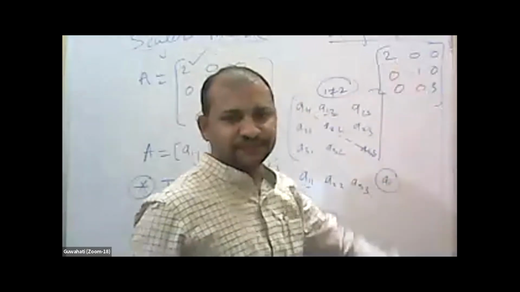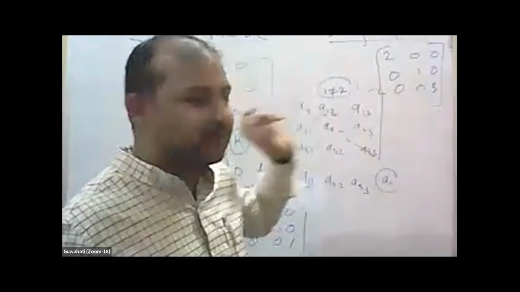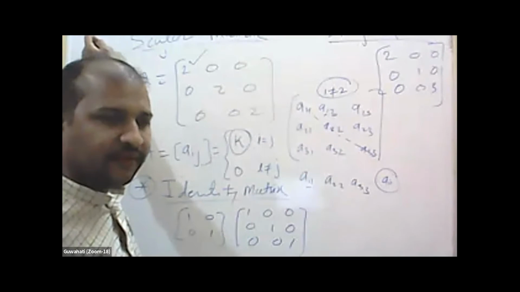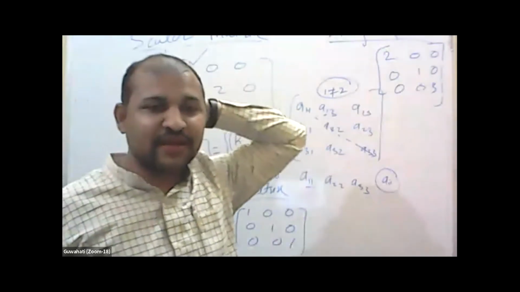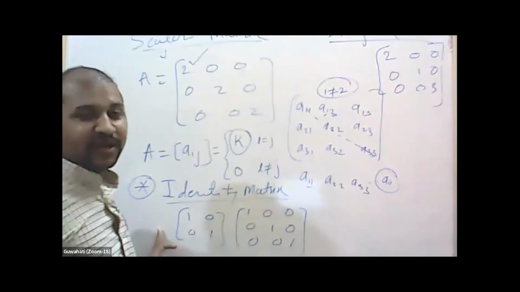Now it is clear. Yes, sir. So diagonal, scalar, now I will tell a few more statements, you can tell me. Every scalar matrix will be a diagonal matrix. Yes. Every diagonal matrix will be a scalar matrix. No, sir. Every identity matrix is a scalar matrix. Yes. Every identity matrix is a diagonal matrix.